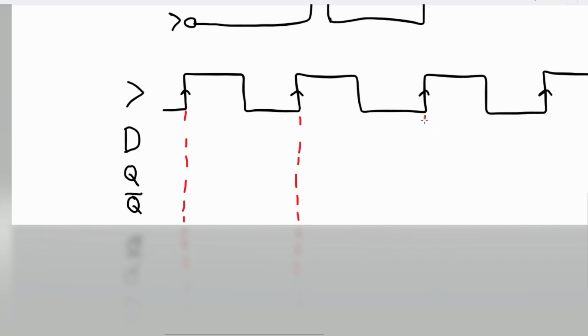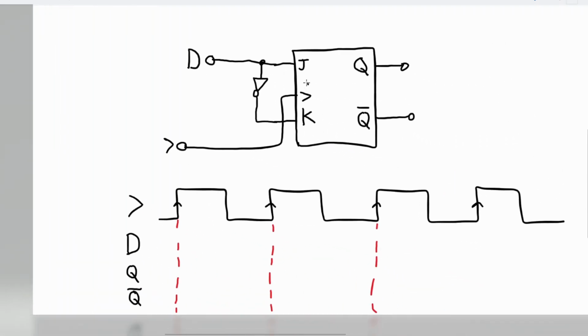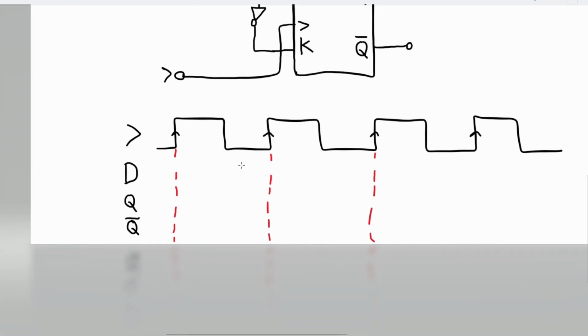Sometimes, if your symbol says clock bar, which some shift registers and chips have, then that means it will act on the falling edge and it will be like that, but we're not using that at the moment.